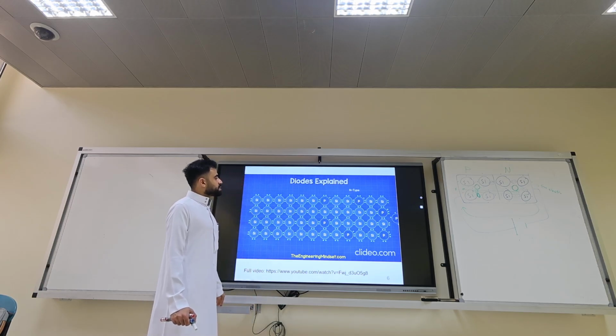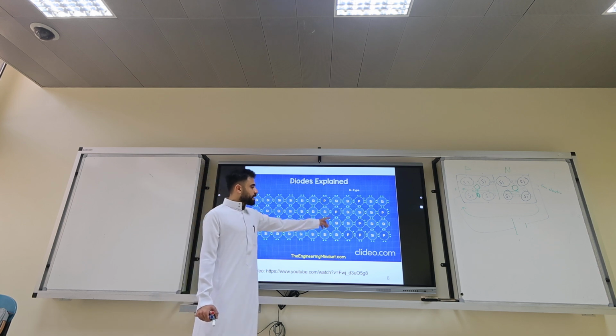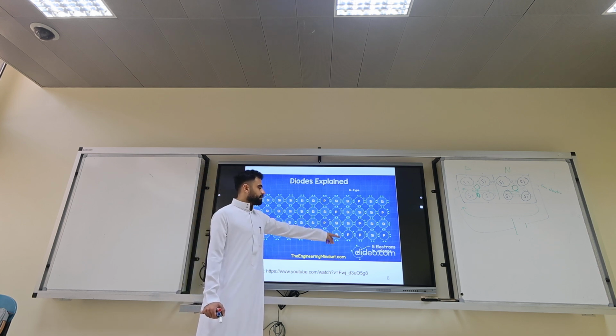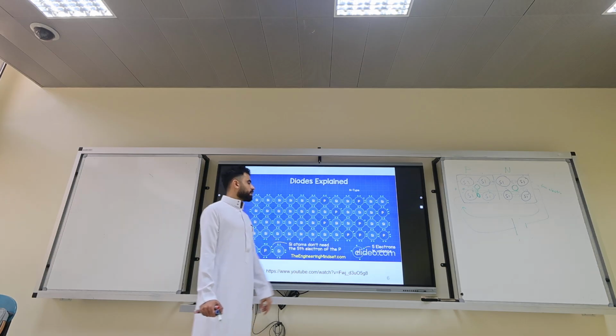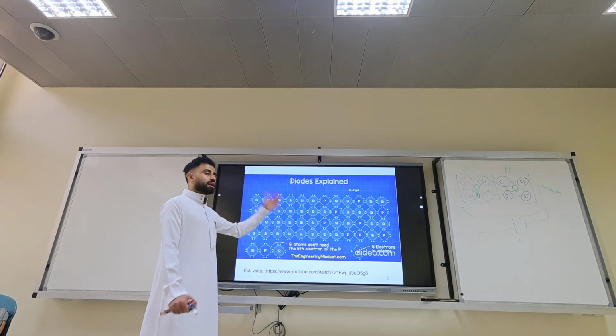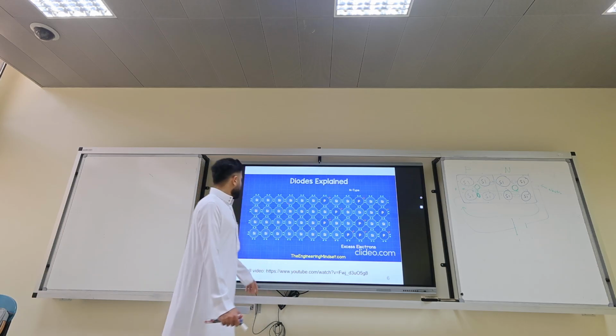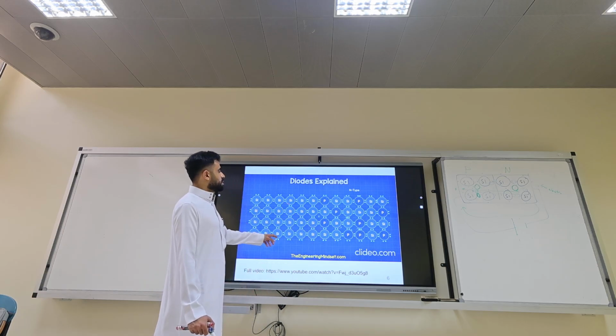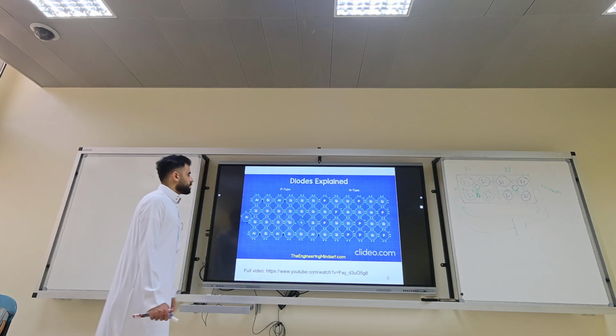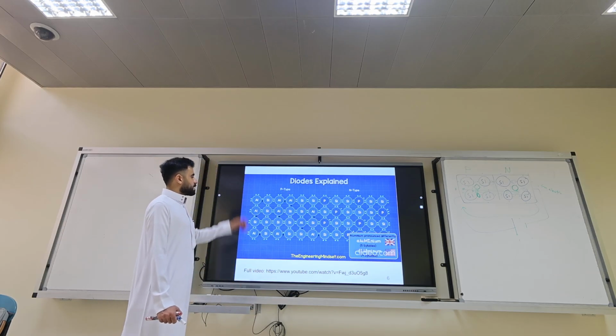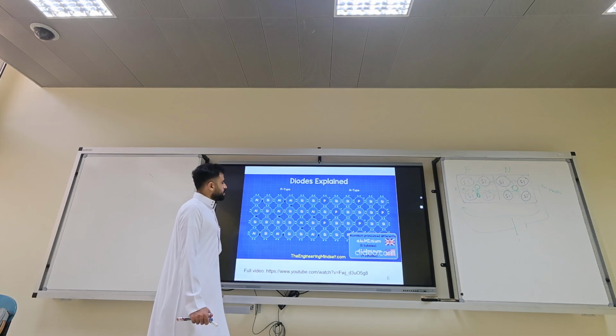So for N-type, you put this material, phosphorus, that has 5 free electrons. So what will happen if you have 5 free electrons? Now you can change it, you can add 3, you can add 8, it doesn't have to be phosphorus. On the other side, this is aluminum.